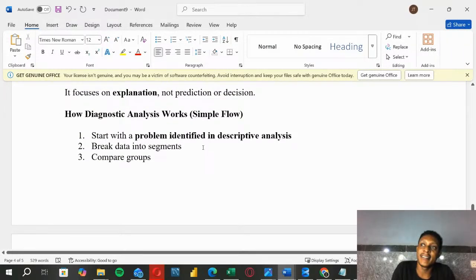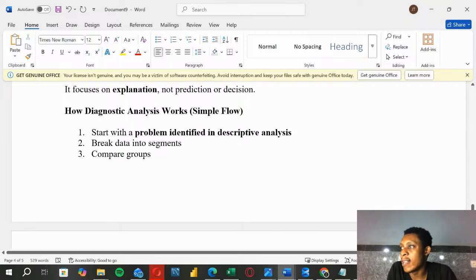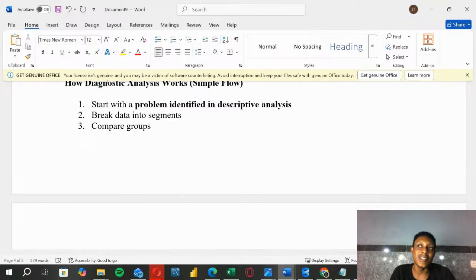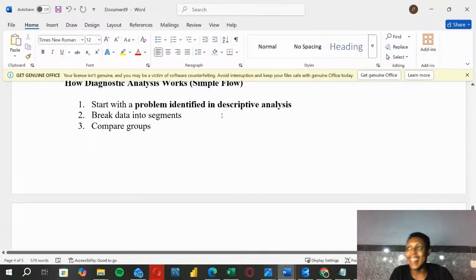So how does diagnostic analysis work? Let's look at the step flow. Start with a problem identified in descriptive analysis. Break data into segments, groups.